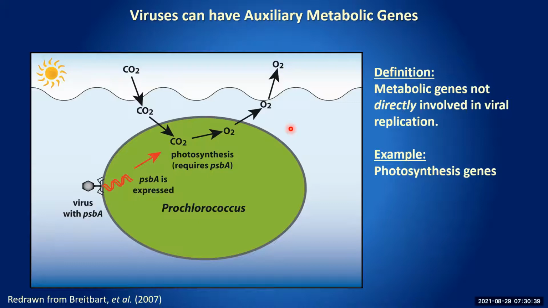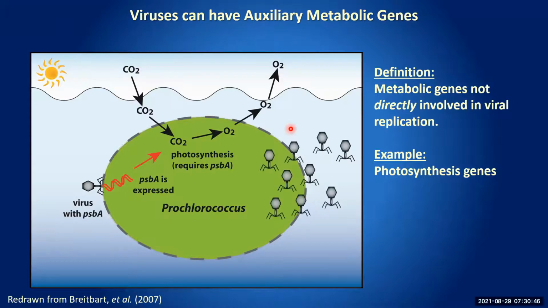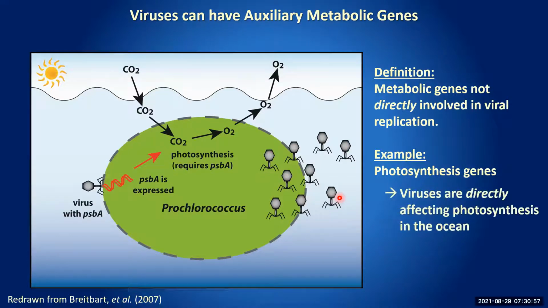But the virus is not doing this to be nice to the Prochlorococcus. It's doing this because it needs to make more viruses, and it requires energy and materials to make all of those viruses. But in this process, viruses are directly affecting photosynthesis in the ocean.